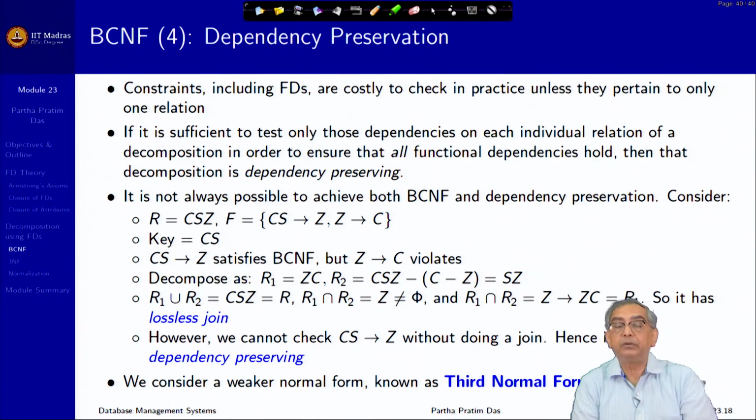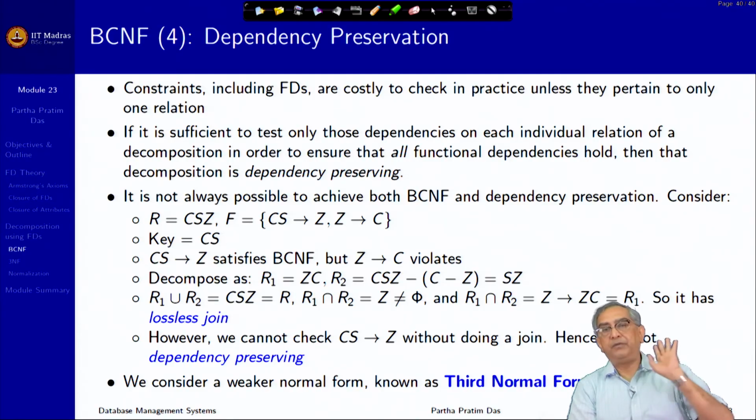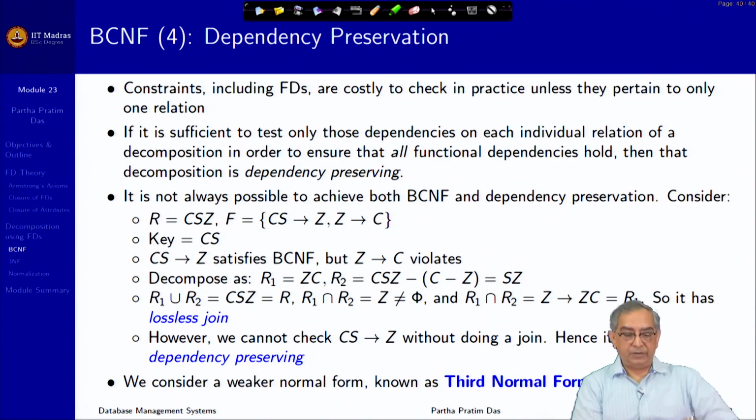The system would not want that kind of design. So, we would want that after decomposition also, it should be possible to check every dependency on one or more of the individual relations only.